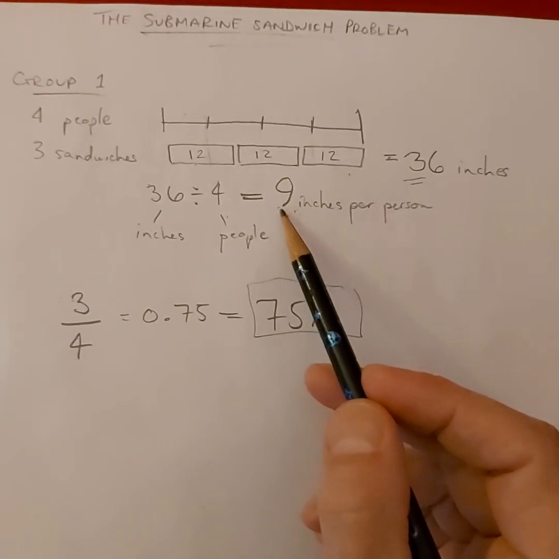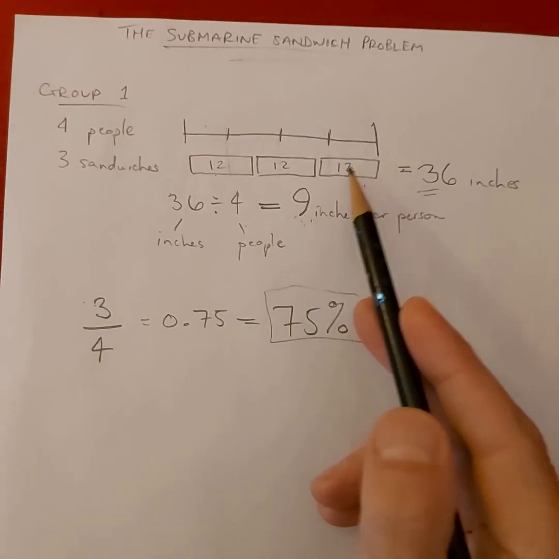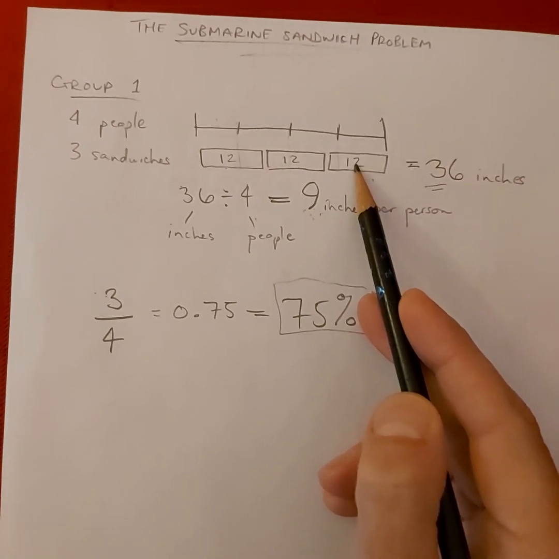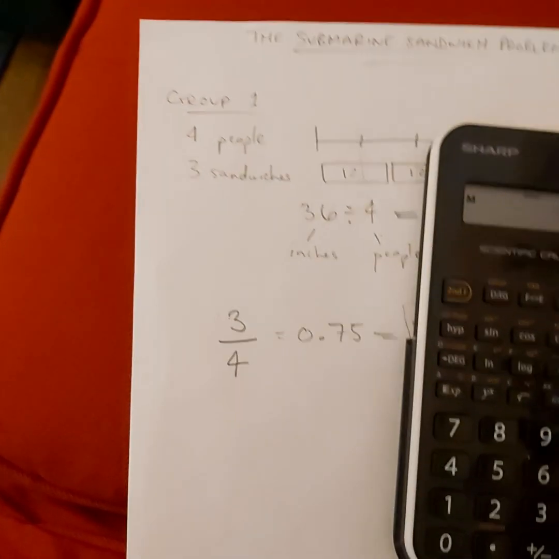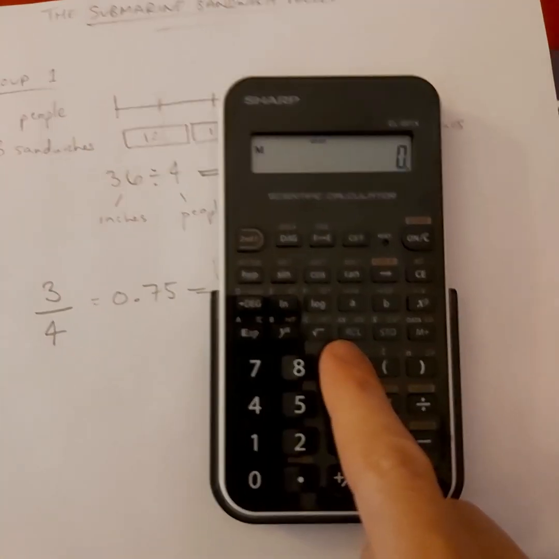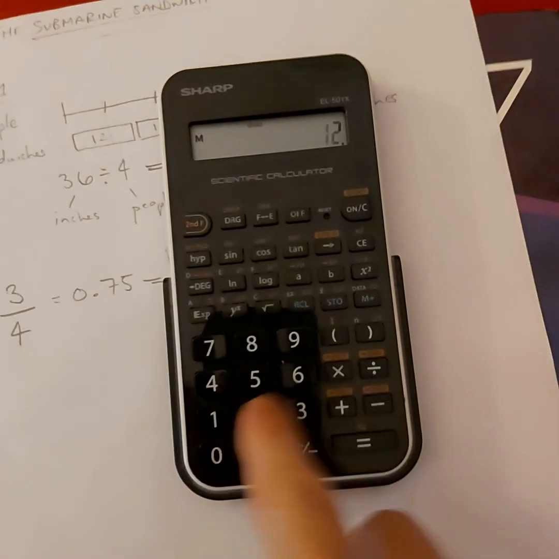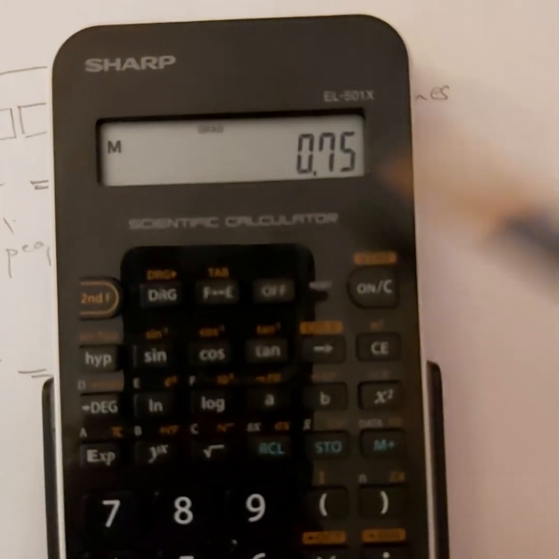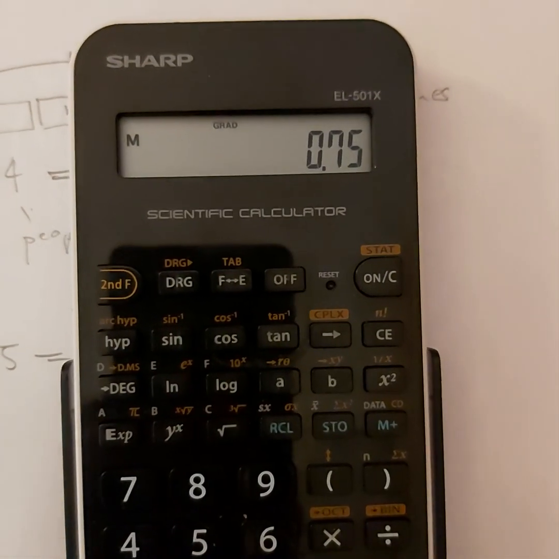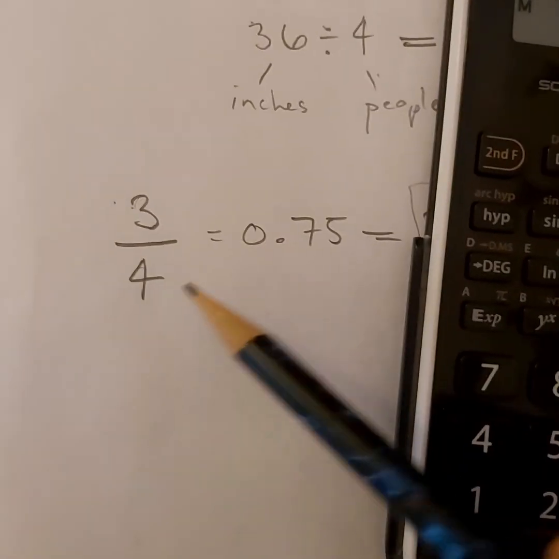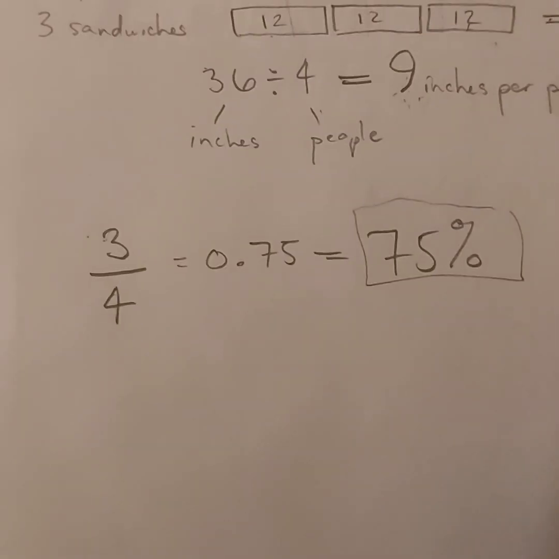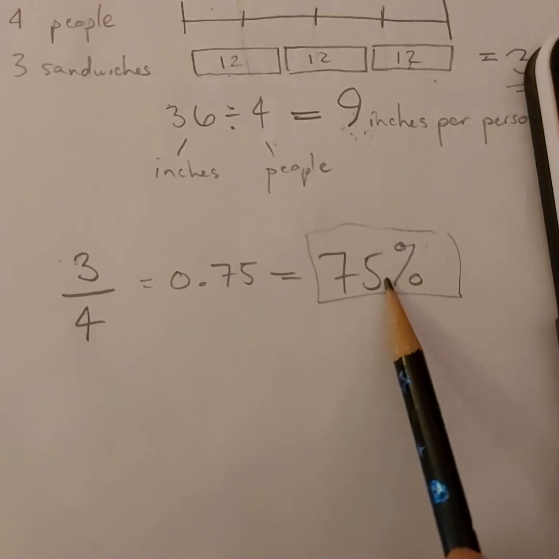That also is indicated by this 9 out of 12. Is it true that 9 out of 12 will also equal 75%? Let's check. 9 divided by 12 equals, yes, 75%. So 3 sandwiches divided by 4 people equals 0.75, which is 75% of a sandwich.